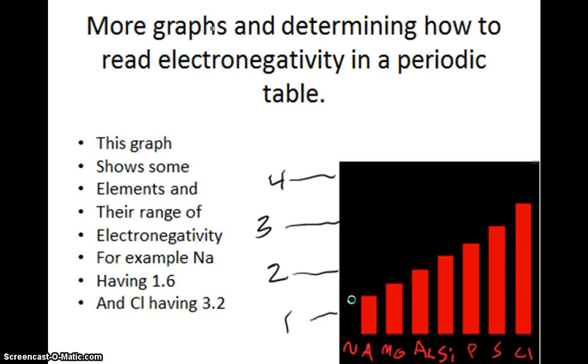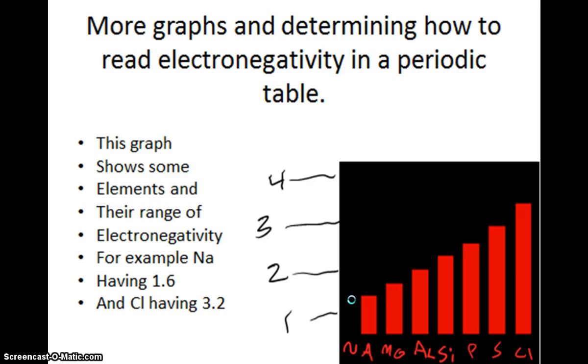More graphs and determining how to read electronegativity in a periodic table. This graph shows some elements and their range of electronegativity. For example, Na, which is sodium, having 1.6 on the electronegativity scale, and chlorine having 3.2.